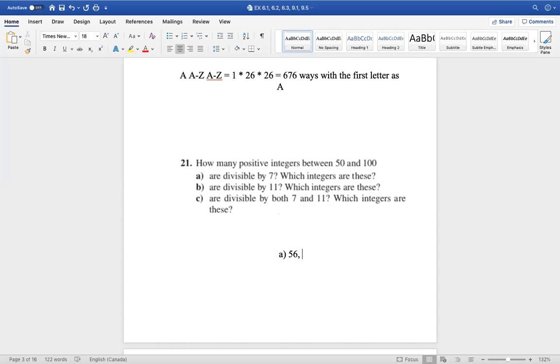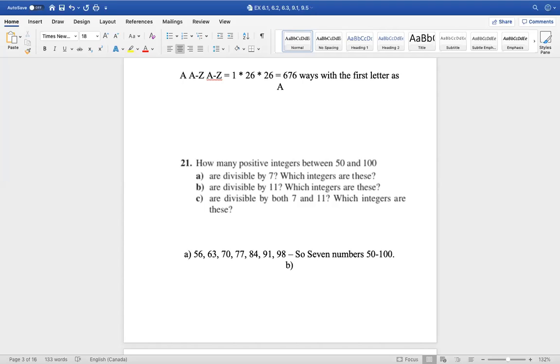So 56, 63, 70, 77, 84, 91, and 98. So there are seven numbers between 50 and 100 divisible by 7. Pretty straightforward.